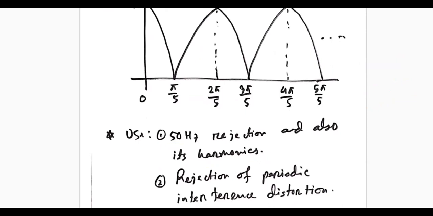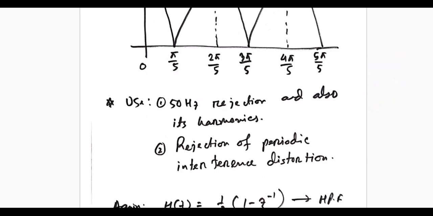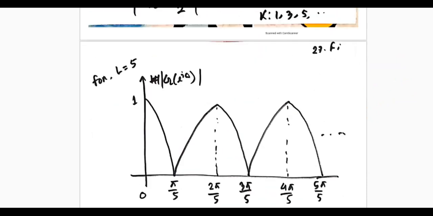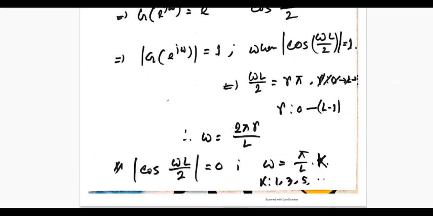Also, in many cases, it is very effective for rejecting periodic interference distortion. If there is interference between two radio channels and their harmonics, then we can also use this kind of comb filter. So this is a special type of filter you can design.